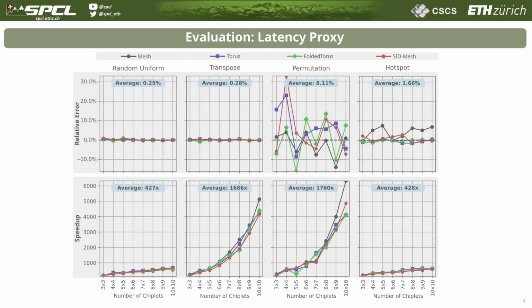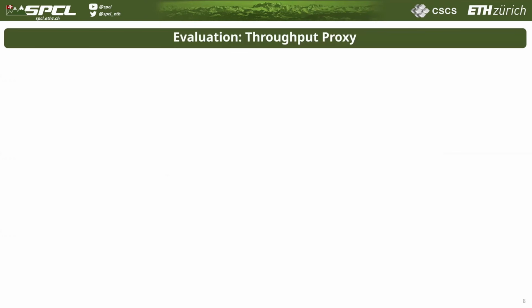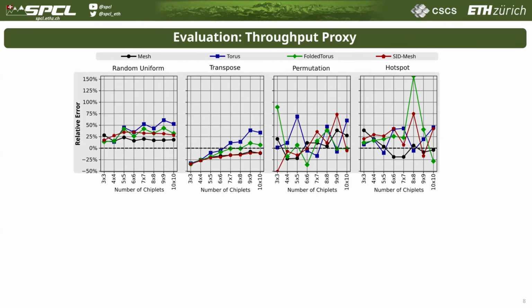Let's also have a look at the throughput proxy. Here again, we use the same topologies and the same traffic patterns. And compared to the latency proxy, here we have a significantly higher error. So the relative error for the throughput proxy is somewhere between 15 and 30%, which is significantly more, but it is still kind of okay-ish if we only do a very high-level approximation.